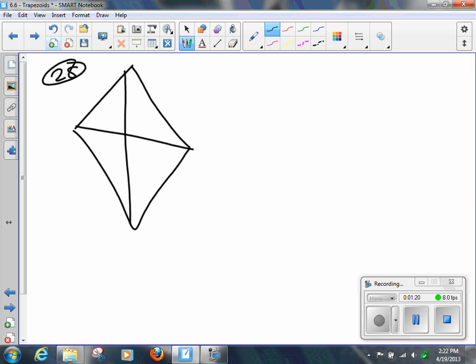It looks something like this. NKL. We are told that this is a rhombus, and we're told that this is 5y plus 5 and 8y plus 7. Okay? If it's a rhombus, what do you know about the diagonals?